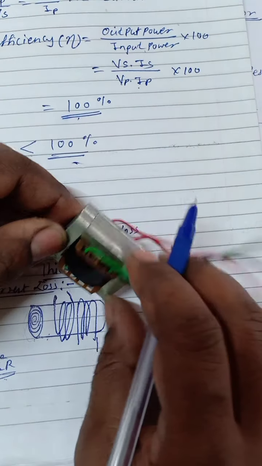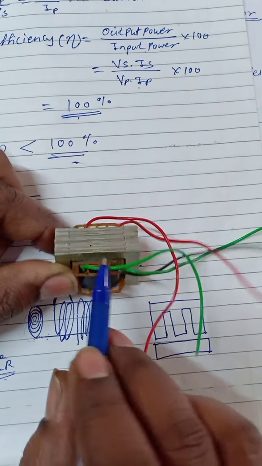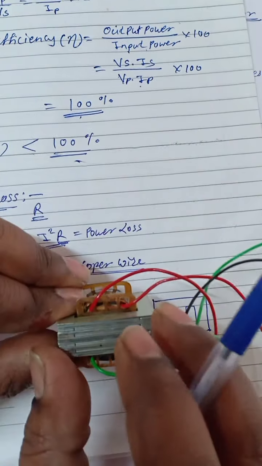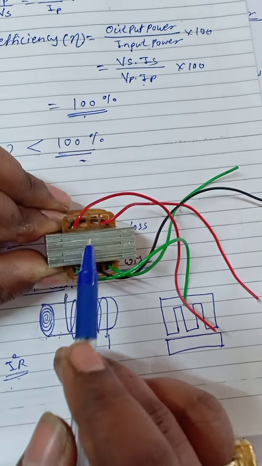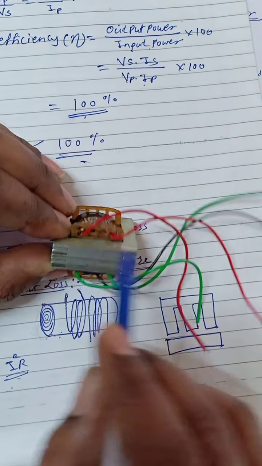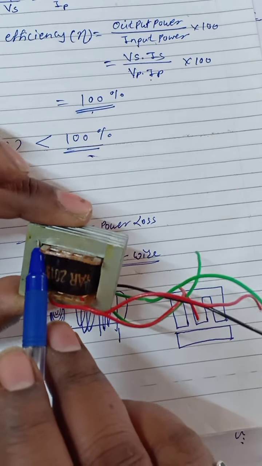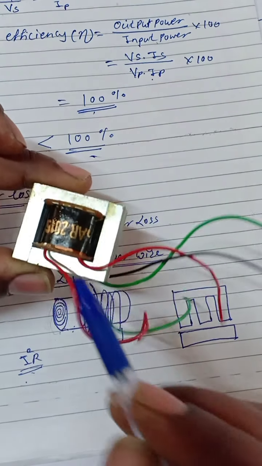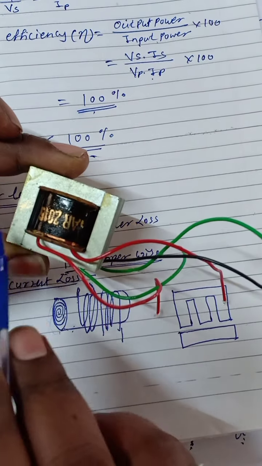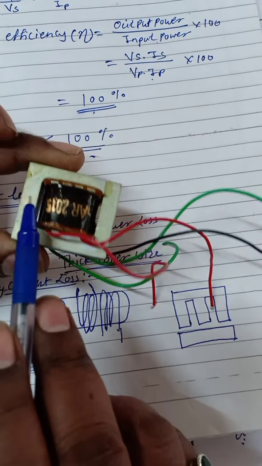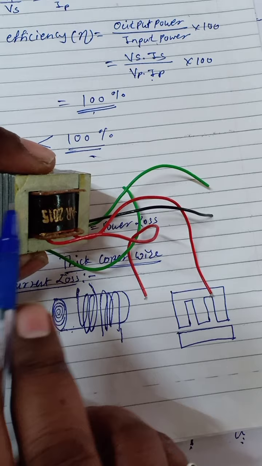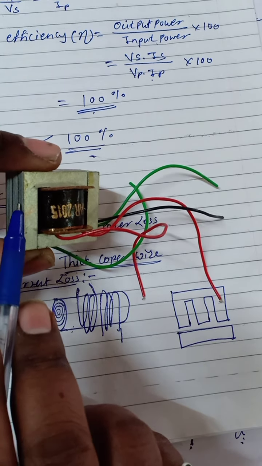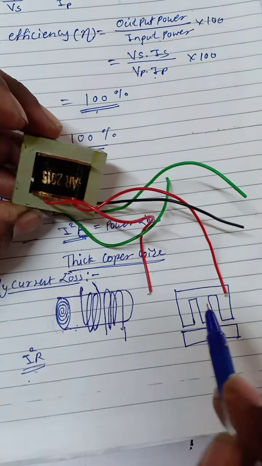These E and I shaped laminated plates are pressed together, and they are isolated from each other. There is no physical contact. If you observe, some insulating layer is deposited over these strips so that they are not in physical contact when pressed together.